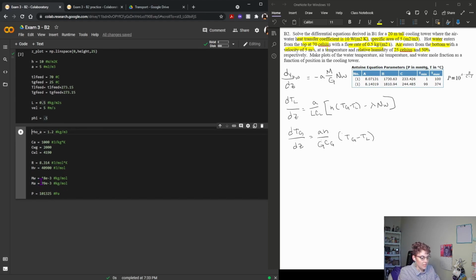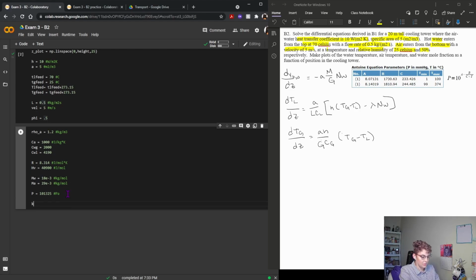We also have the molecular weights of the water and the air, respectively, at 18 times 10 to the negative third and 29 times 10 to the negative third kilograms per mole. And then we also have the pressure of our system, which is at 1 atmosphere, or 101,325 pascals. Since this is a moist air system, we can actually calculate our own mass transfer coefficient using the Lewis relation.